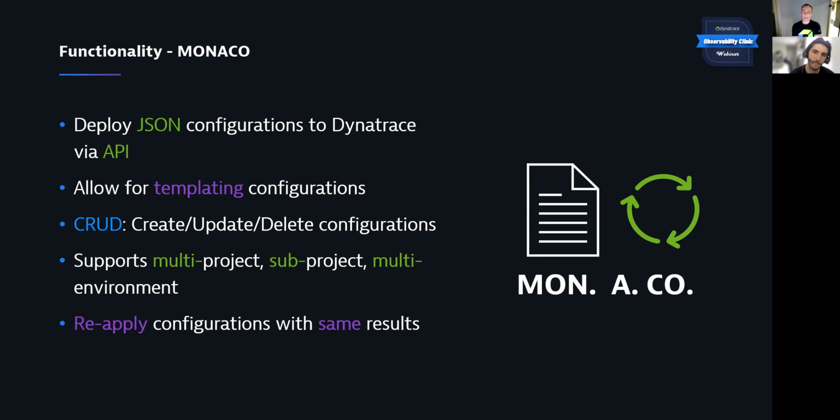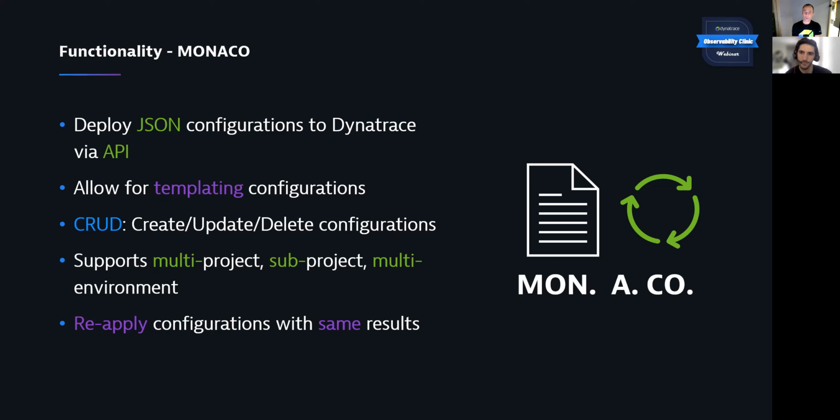And maybe just to interject here quickly: if people want to know more about the inner workings of Monaco and learn it, there's also another Observability Clinic I did with Christoph Renders on monitoring as code, where he really walked us through that open source project. It's open source, everybody can use it.